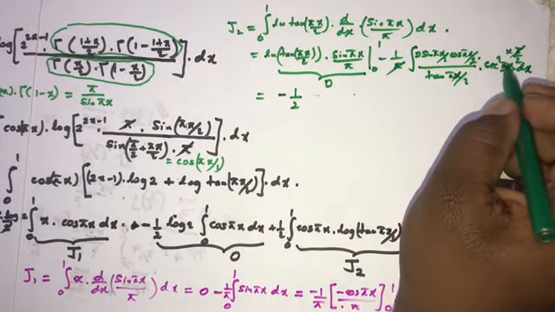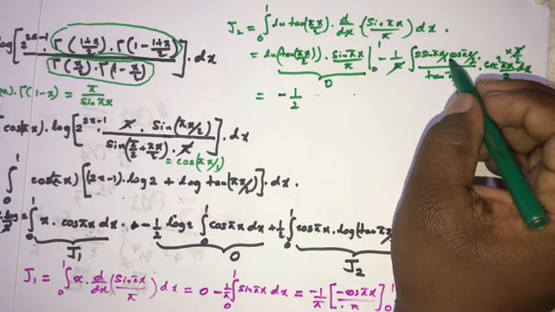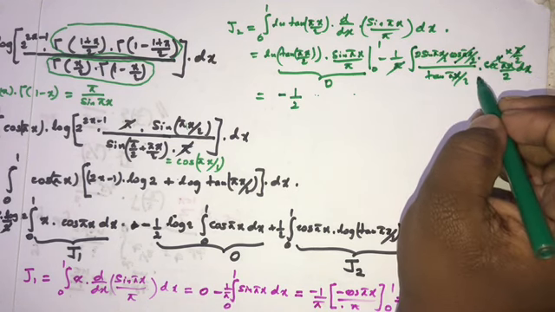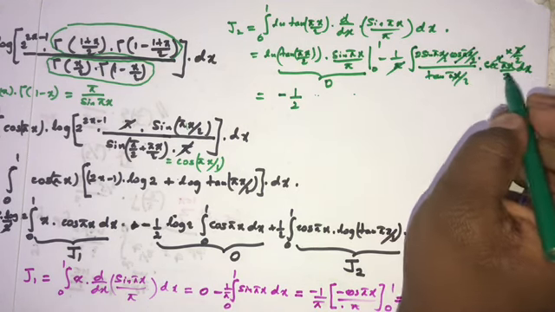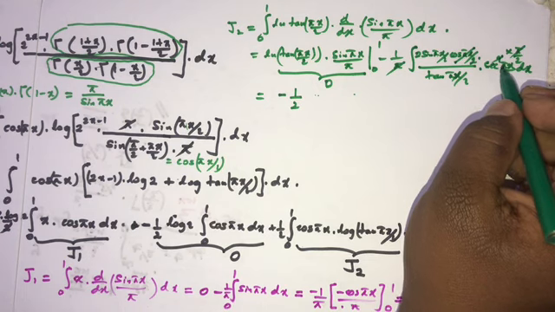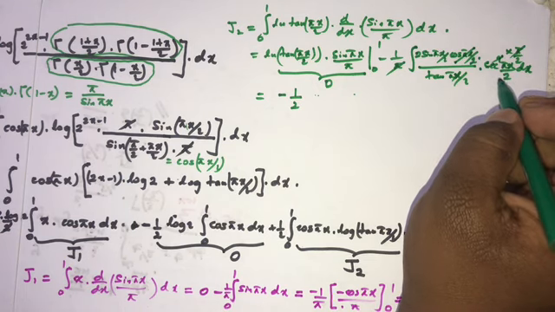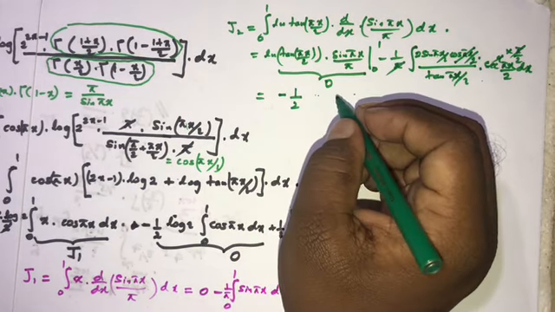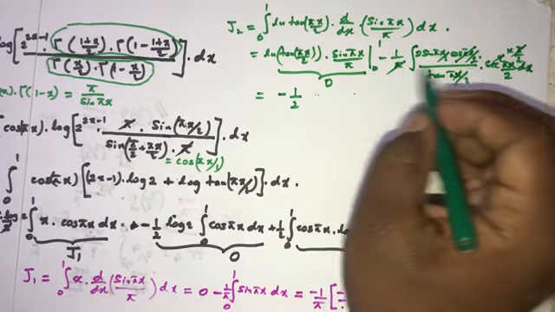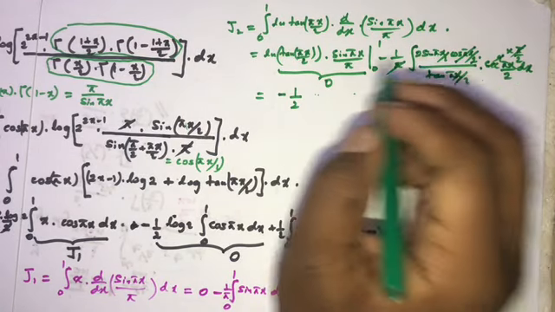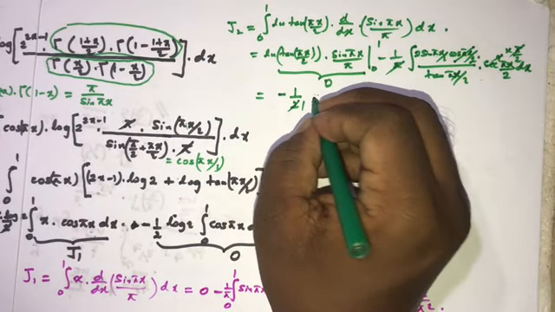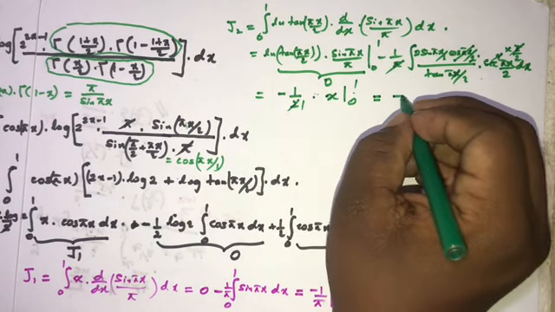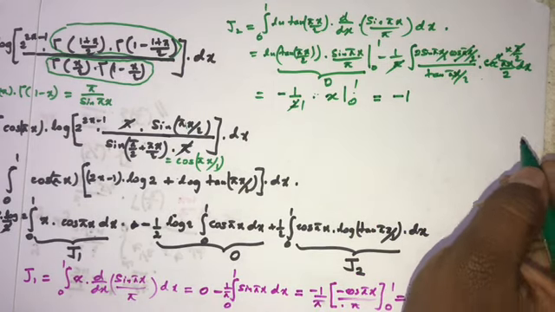Now we know sine of pi x over 2 times secant square, so cosine of pi x over 2 gets cancelled, and sine of pi x over 2 over secant of pi x over 2, which is 1 over cosine of pi x over 2, also gets cancelled. And here we have minus 1/2, this 2 also gets cancelled, and here we have x from 0 to 1, and if we simplify, this is equal to minus 1.